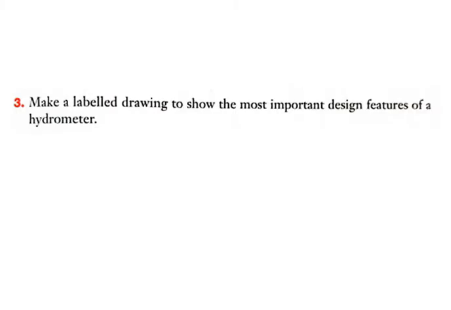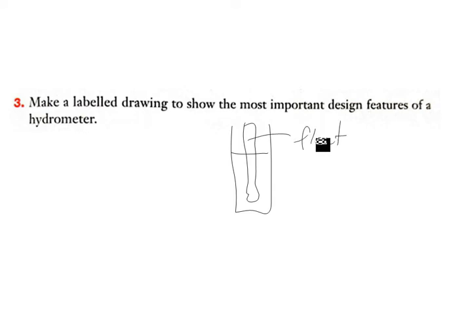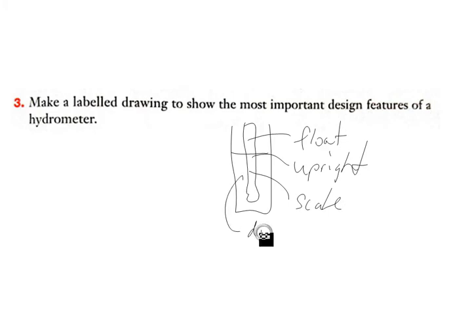Make a labeled diagram to show the most important design features of a hydrometer. So you're making a hydrometer right now, and here are important design features for you. The hydrometer has to float. Not only that, but it has to float upright, and it can't lean over. Next, it has to have a scale on it so that you can record the density of the fluid or specific gravity.